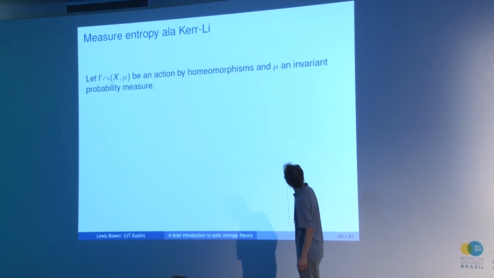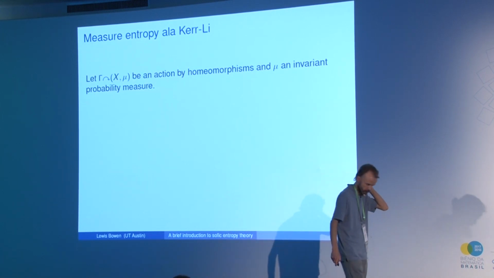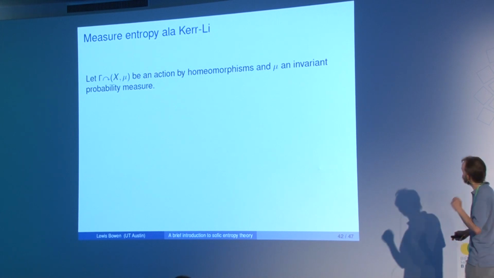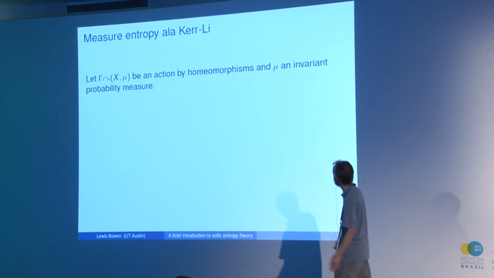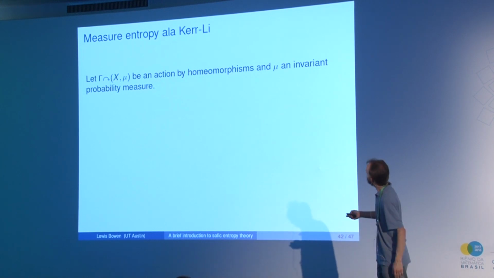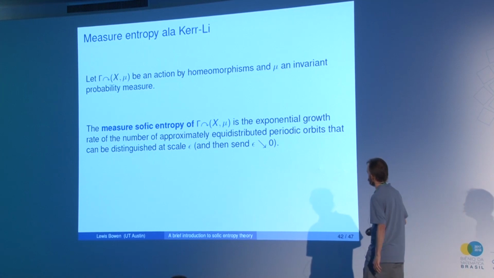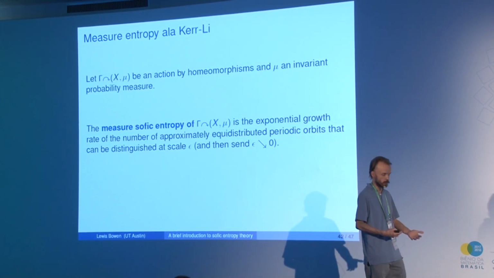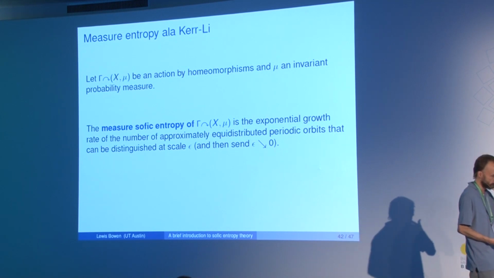Okay. So this is the way that David Kerr and Hanfeng Li did it after I did it. But I like their definition better, so we'll do it that way. Okay, so let's say we have an action by homeomorphisms, just like before. And just like before, we're going to count pseudo-periodic orbits.